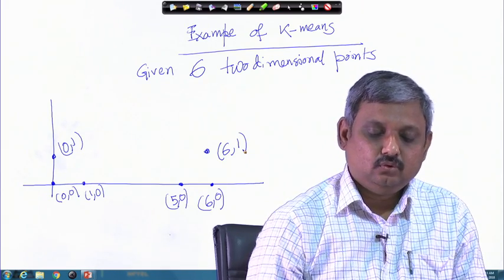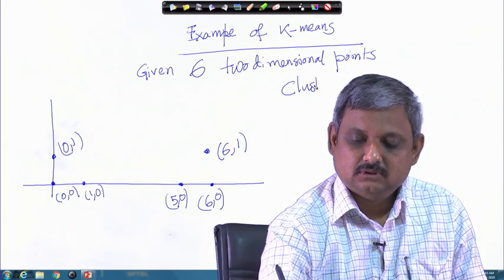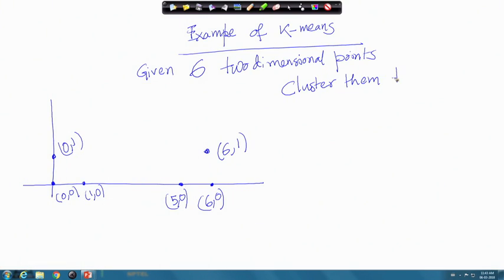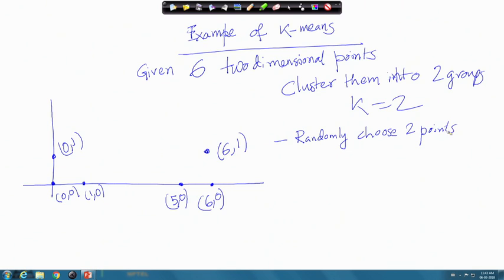And then what I want to do is to cluster them into 2 groups. All right. So, k is 2. Okay. So, randomly choose 2 points. Suppose I choose this point and this point. So, M1 is (0,1), M2 is (6,1).